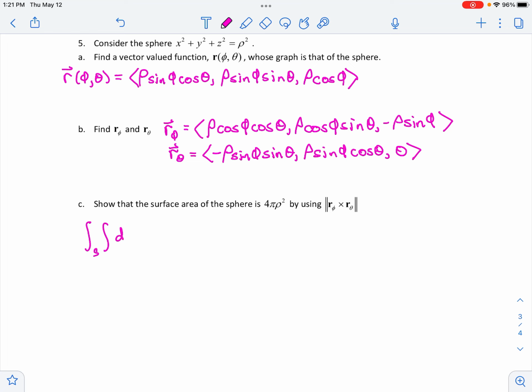You change it over to a double integral, and we're going to do the partial with respect to phi cross the partial with respect to theta dA, where dA is the area. So in this case it's going to be d phi d theta. Let's think about our double integral here, and we've got this cross product.